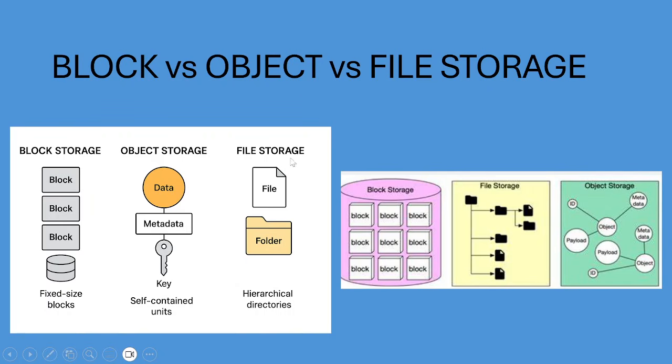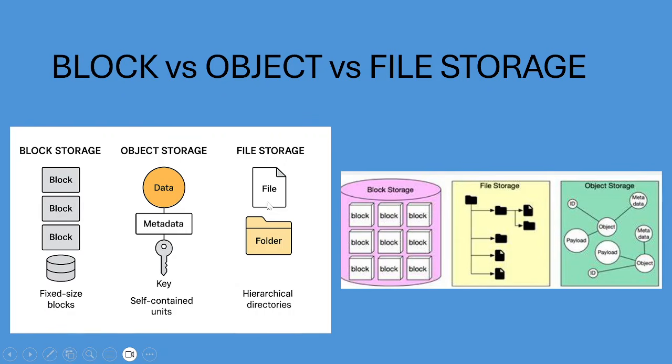Again, file storage has what we call a hierarchy, but behind the scenes it is also block store. So block storage and file storage, but for file storage, you can access it over the network. Another difference between the block store and the file storage is that the block store you can only mount to one virtual machine.